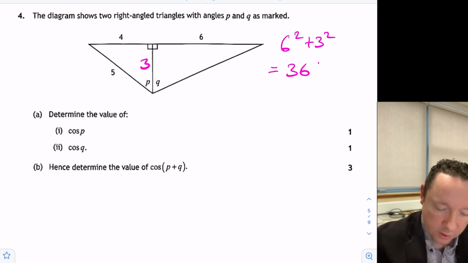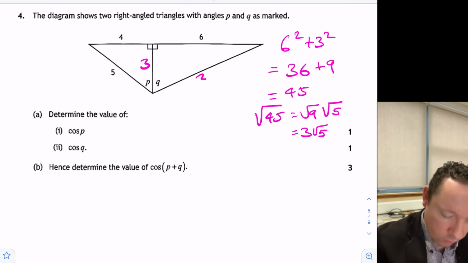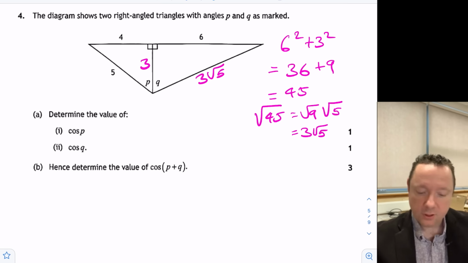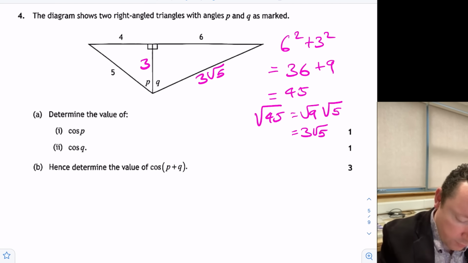36 plus 9 is 45, so the other hypotenuse is the square root of 45, which is root 9 times root 5, which is 3 root 5. So I can note that as 3 root 5, or you can leave it as root 45 for now and then simplify it later. So our cos P then is nice and simple.